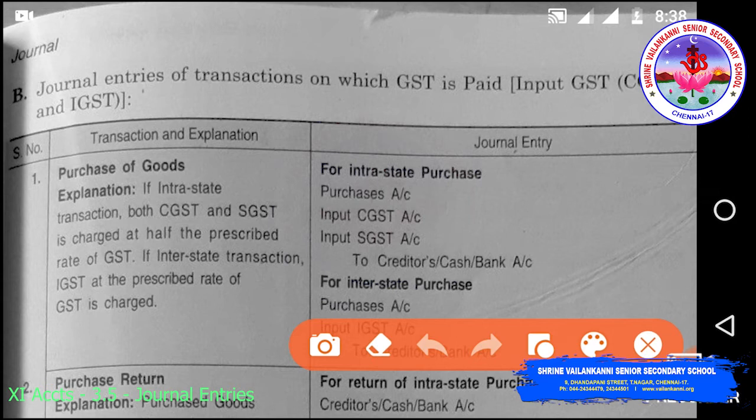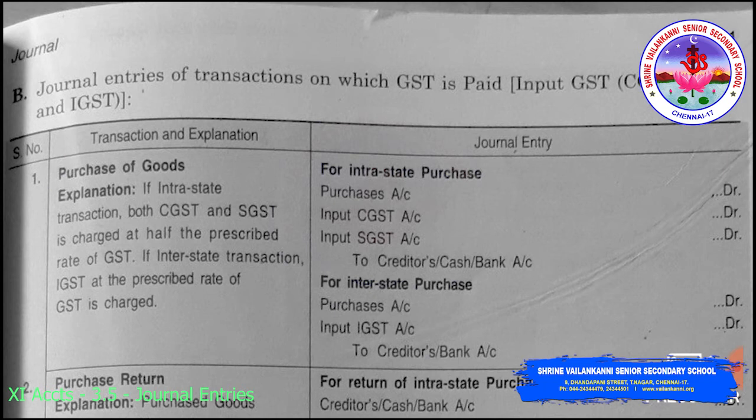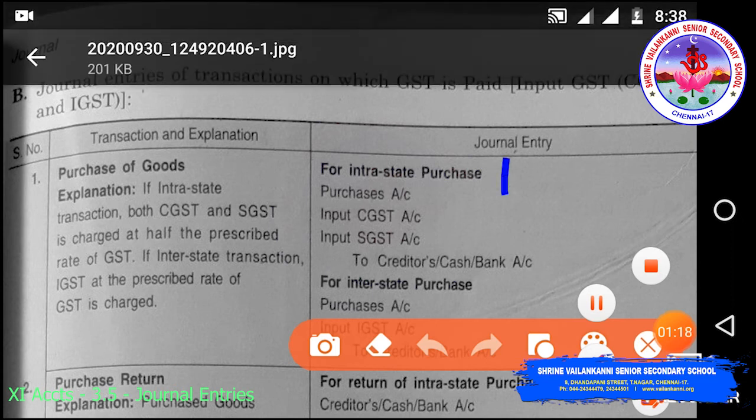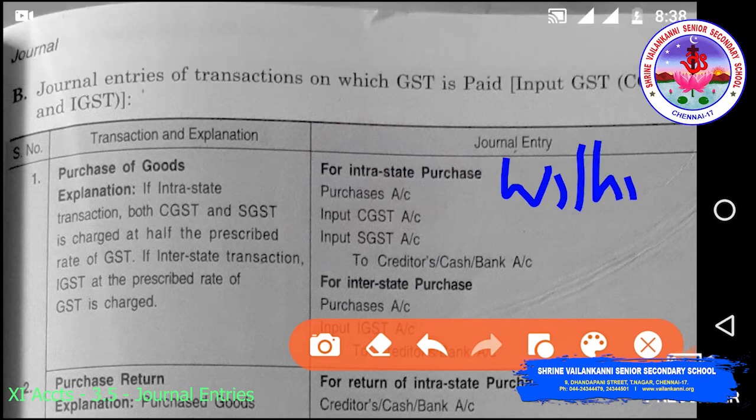The first transaction, if you look into, you have purchase of goods. If it is an intrastate transaction, both CGST and SGST is charged. Now, intra means it is within state. What is inter?